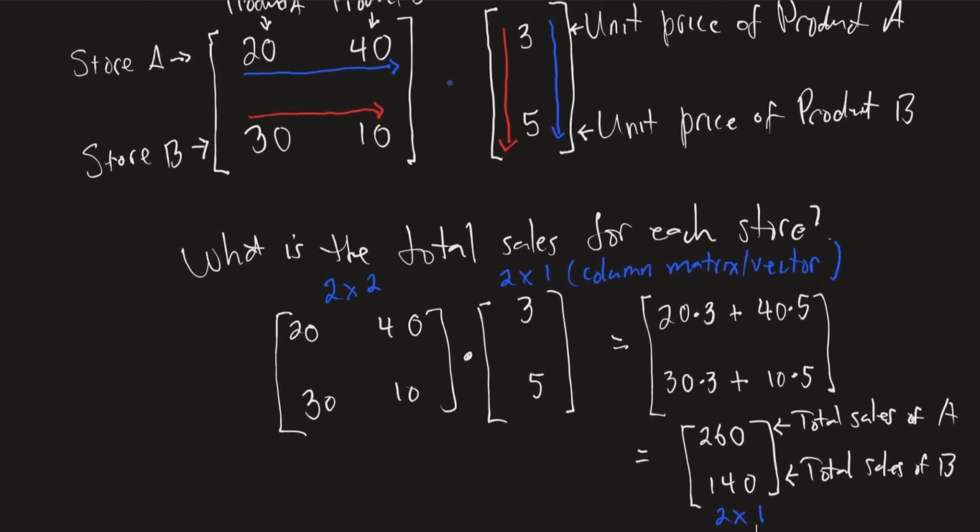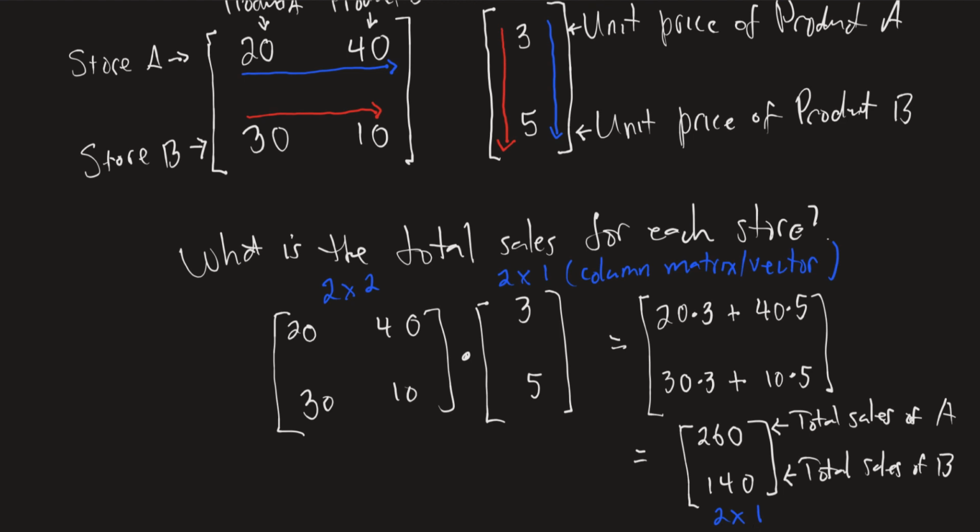So this idea of taking the entries in the row of the first matrix and multiplying columns in the second matrix, that is the concept that is used to define matrix multiplication.